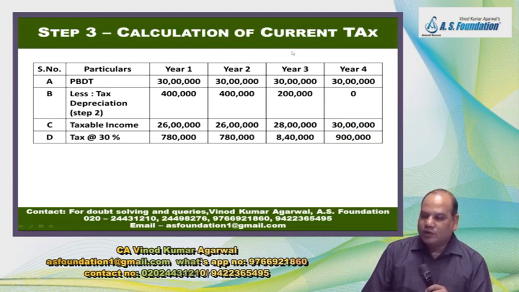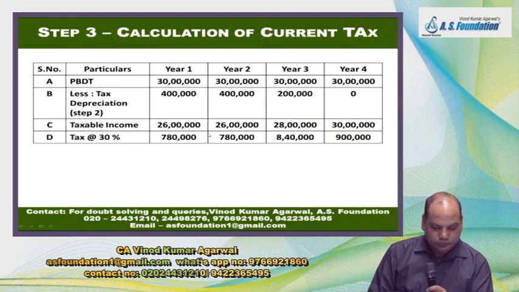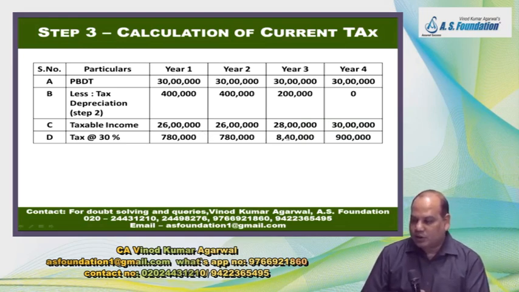While calculating current tax, take depreciation as per tax laws, step 2: 4 lakh, 4 lakh, 2 lakh and 0. Right? Point C will give you taxable income. Taxable income 26, 26, 28, 30.